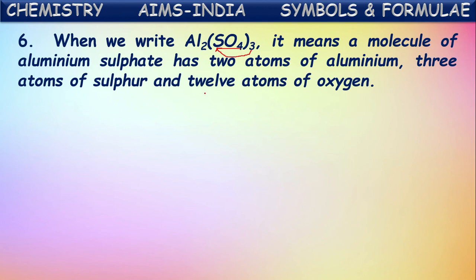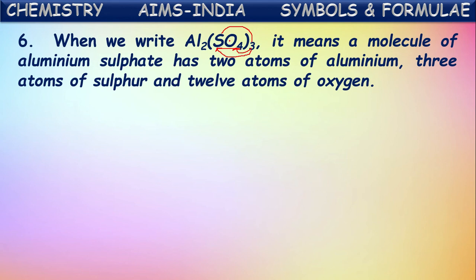Now we can say 3 atoms of sulfur and 3 into 4, totally 12 atoms of oxygen are present in one molecule of aluminium sulfate. So 2 atoms of aluminium, 3 atoms of sulfur and 12 atoms of oxygen are present in one molecule of aluminium sulfate.